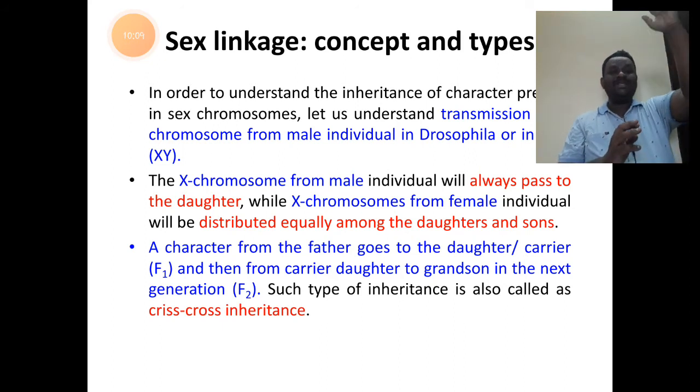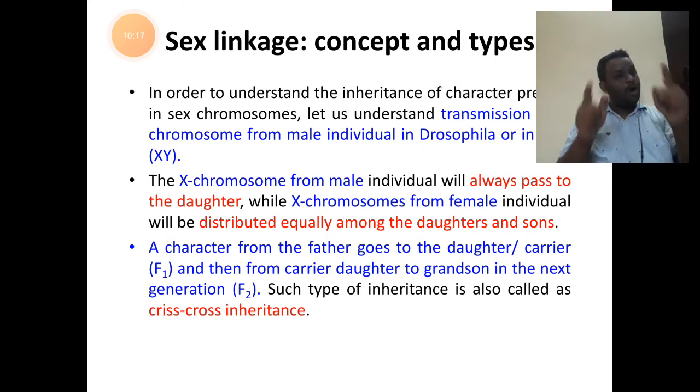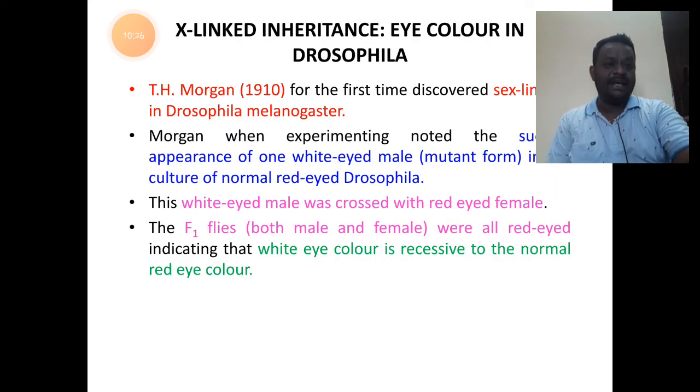So the affected character from the grandfather will be transmitted to the grandson, but through a normal female, who is a carrier. Okay, so this type of inheritance is called criss-cross inheritance.